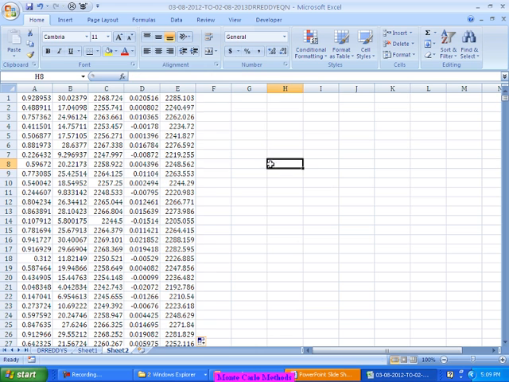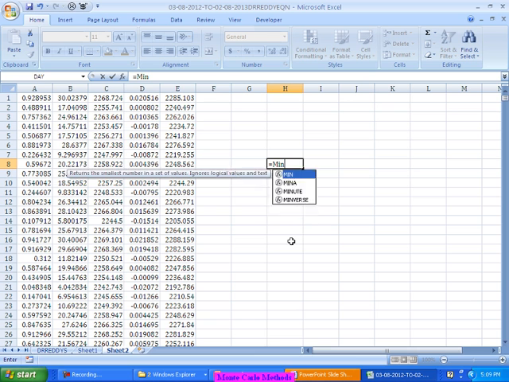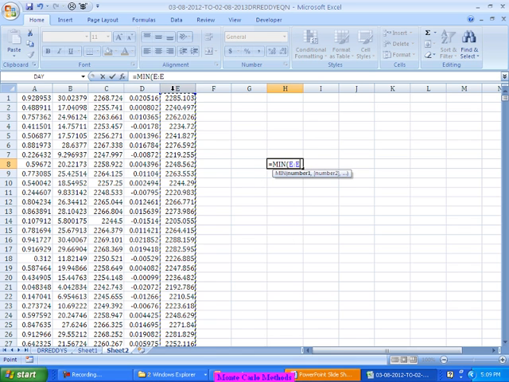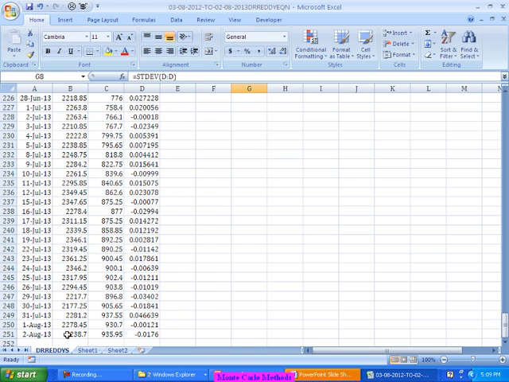Now I can find out the minimum value through this model. What is my minimum value? 2149. 2149 is the minimum value, and 2238 is today's. So I can lose almost 90 bucks in one single day.